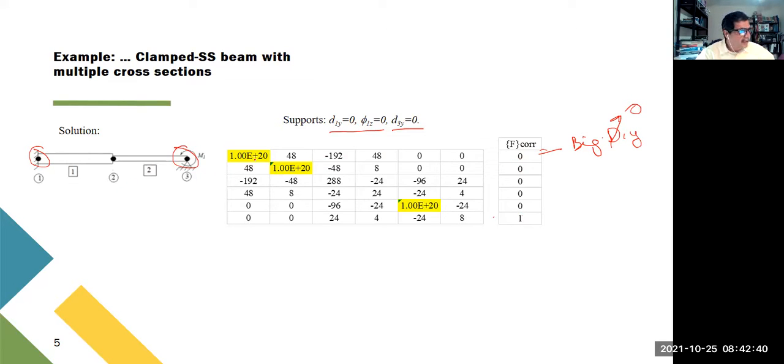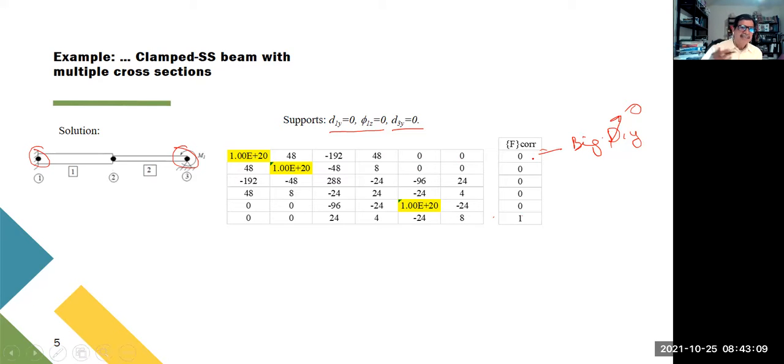And you see here that this number is very large compared to this one. So when you put these terms together, okay, mathematically means that this is so large that you can neglect all of them. So it's like saying you're multiplying this times d1y and it's equal to 0 because all the other terms are so small. And the solution, of course, has to be d1y equal to 0, which is the condition.